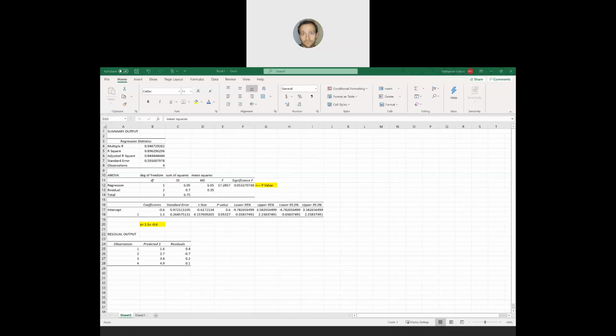Okay, welcome back, everybody. I apologize, I made a mistake earlier by talking about these p-values. These are actually a little bit harder to understand because these relate to these two coefficients.